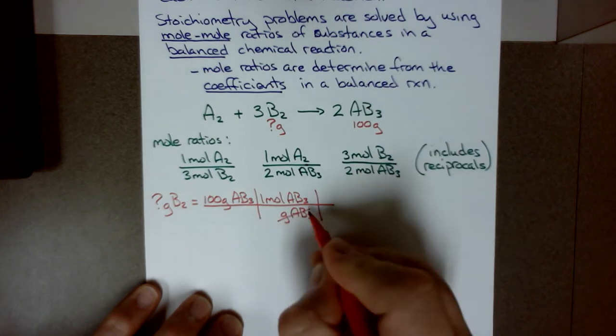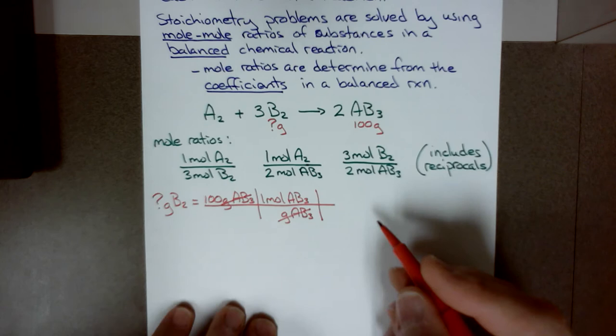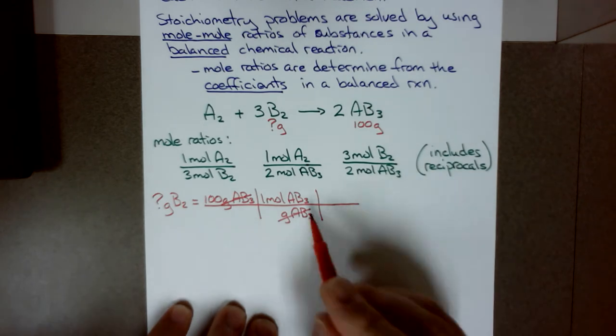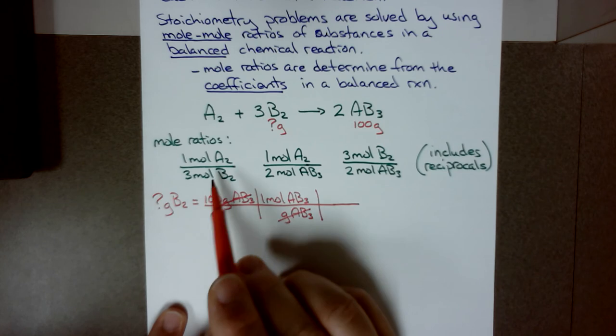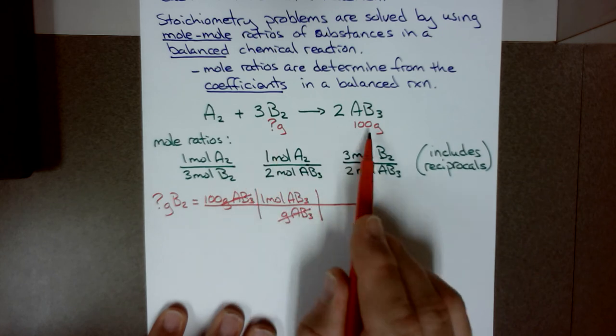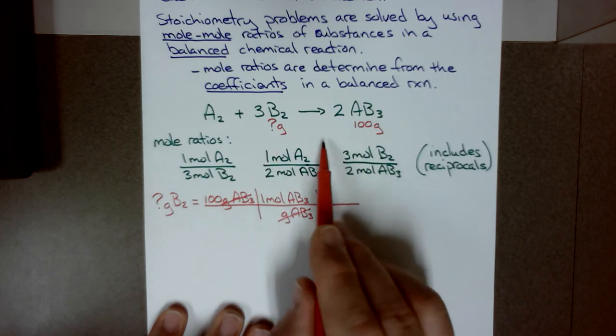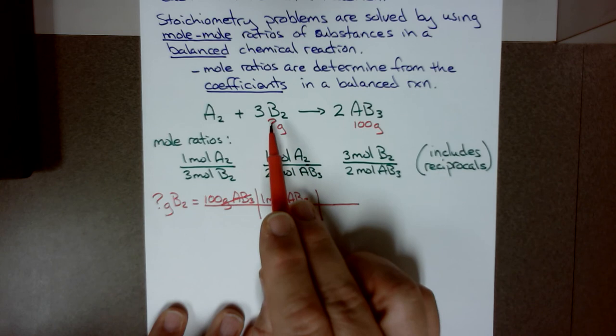Now these units cancel, and so now I got to go from AB3 to B2. So I'm going to look at this. I've got 2 moles of AB3 will need 3 moles of B2 to react.